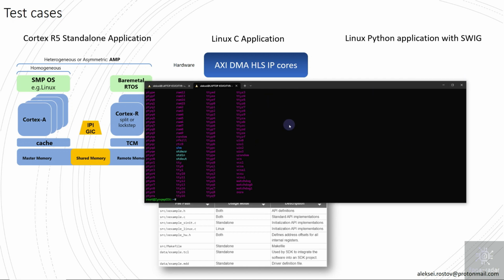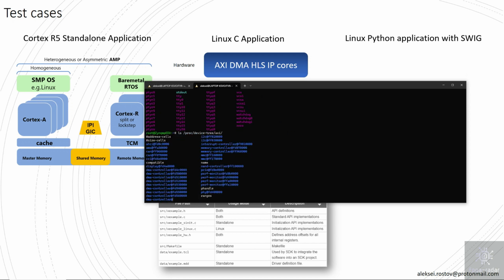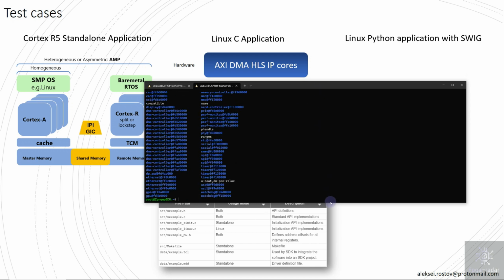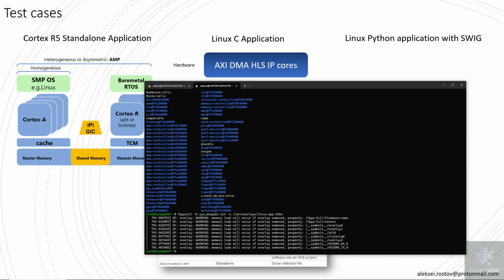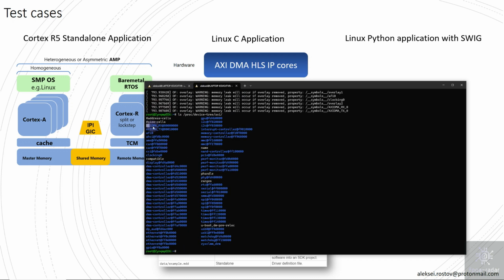Okay, let's check the device again. Here we have no memory mapped devices from the PL part. But if I program it again and check, here it can be seen that I have 2 more devices, so it's my HLS IP cores.